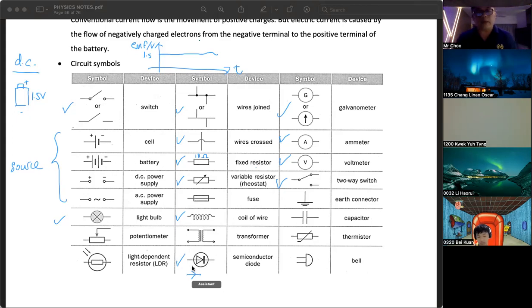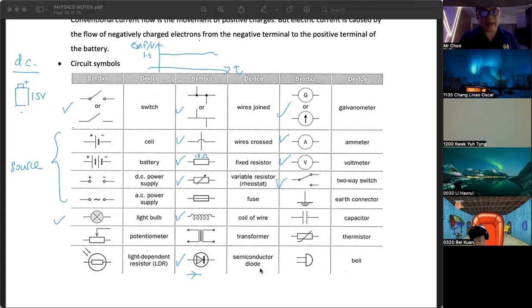So if you connect the plus on the left and the minus on the right, it allows current to move from left to right. But if you put the positive on the right and the negative on the left, nothing will happen because it doesn't allow current to flow in the opposite direction. It is something like a valve that you learn about in biology.